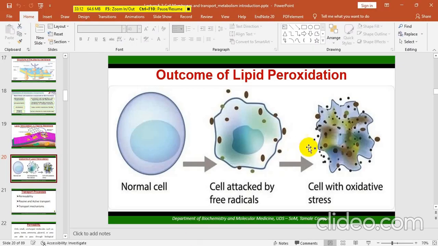So you can see that this normal cell has been attacked under oxidative stress. When there is too much of free radicals in your body, we call it oxidative stress. So look at the destruction. It will lead to cellular necrosis.